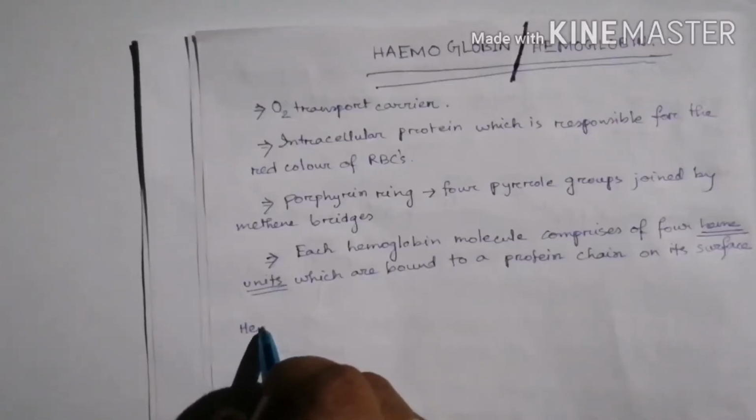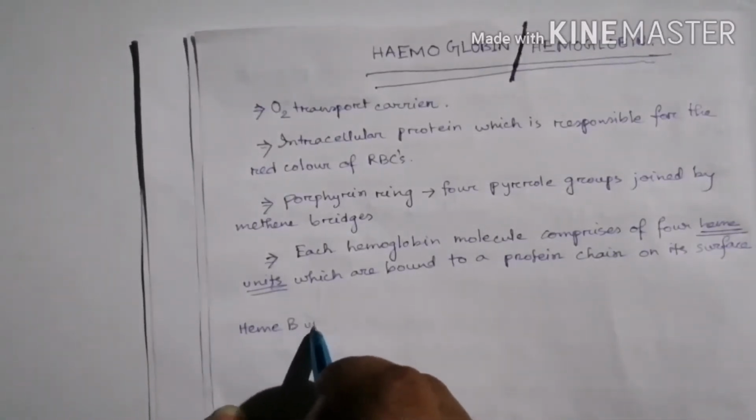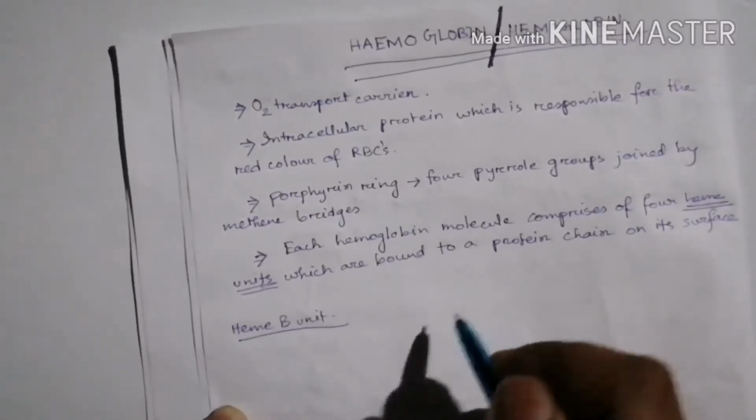If you draw the heme unit, it is generally the heme B unit.